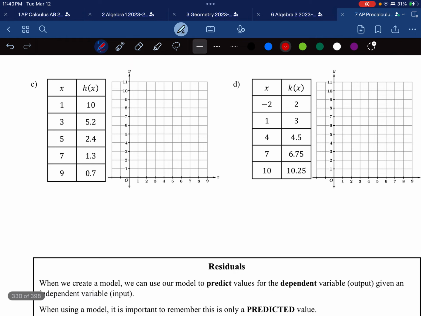Graphing the next one, we have (1, 10), (3, 5.2), (5, 2.4), (7, 1.3), and (9, 0.7). To me, I'm seeing this function that goes kind of like this. That's going to be exponential.